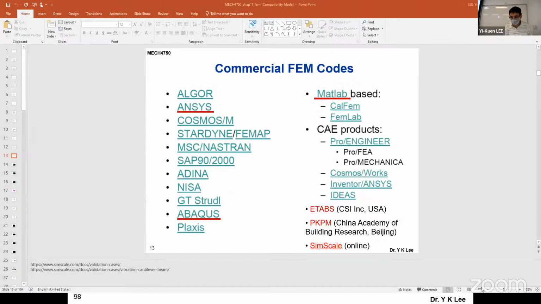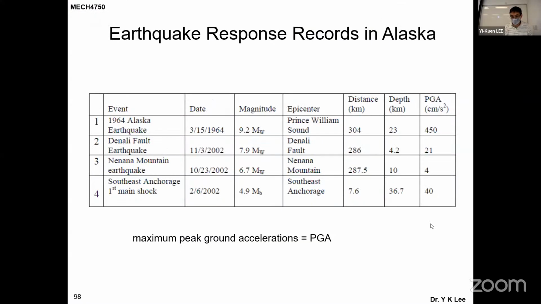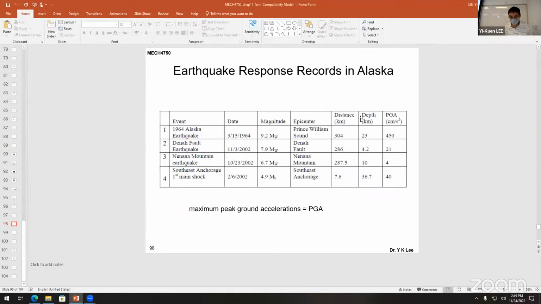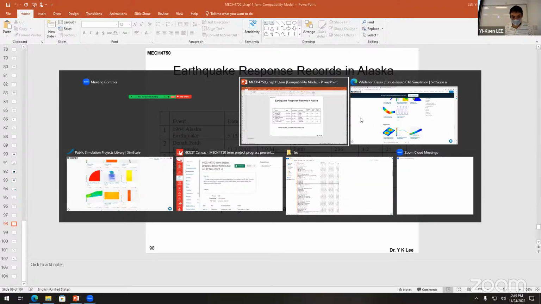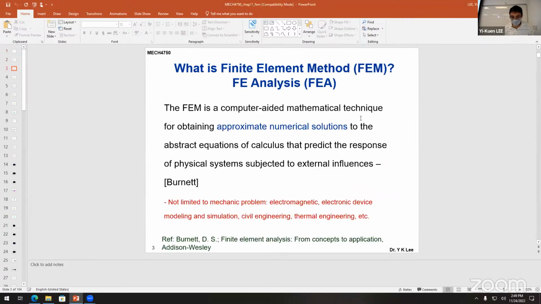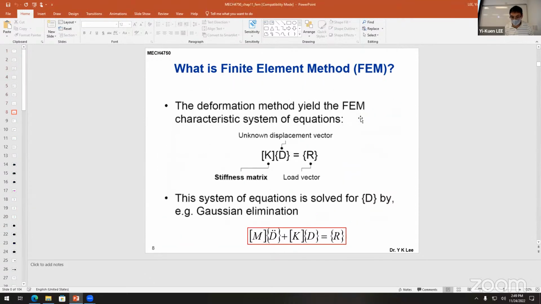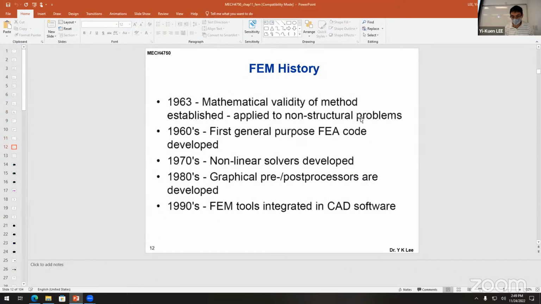So that's why different industries use different software. For example, in the United States, they most likely use ETABS in the building industry.